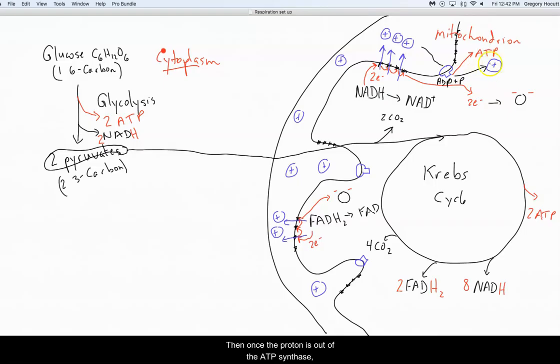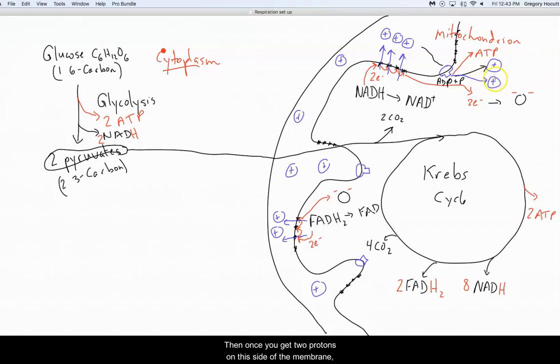Then once the proton is out of the ATP synthase, the enzyme proteins rebound to their original shape. They're free then to take another proton on. The proton can blast through there again, and you can get another ATP made every time the protons are coming through here.